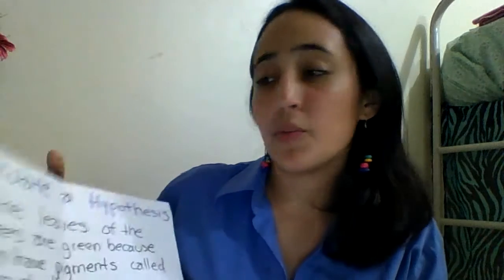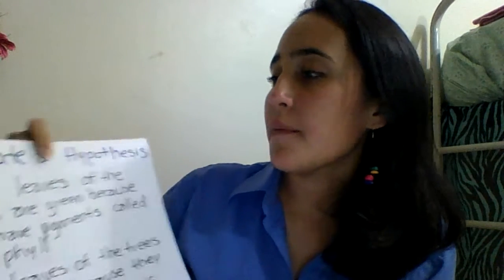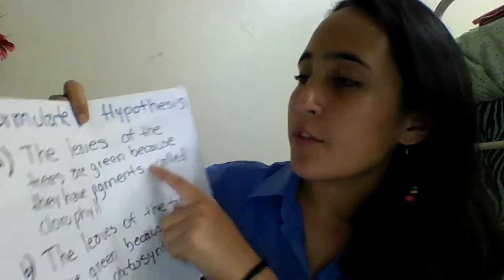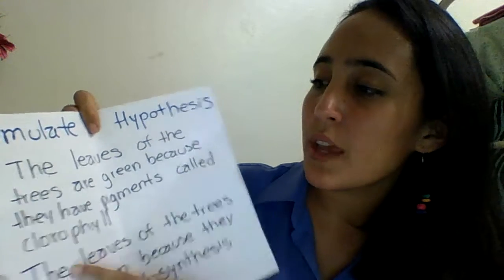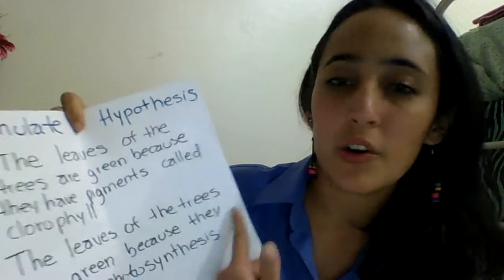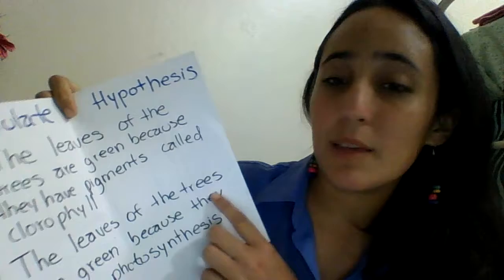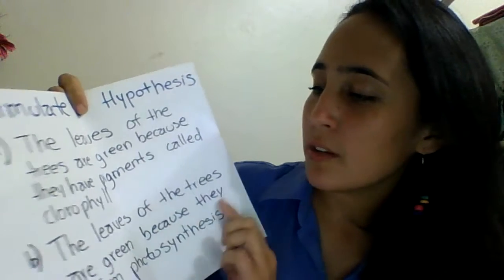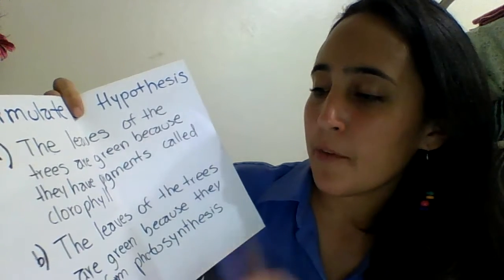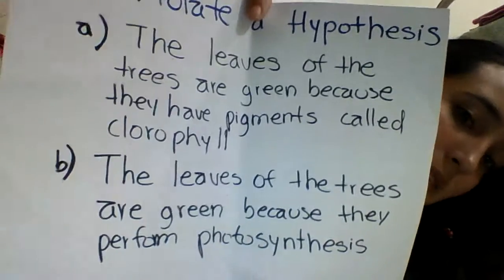For example, I make two hypotheses. The leaves of the trees are green because they have pigments called chlorophyll. The leaves of the trees are green because they perform photosynthesis.